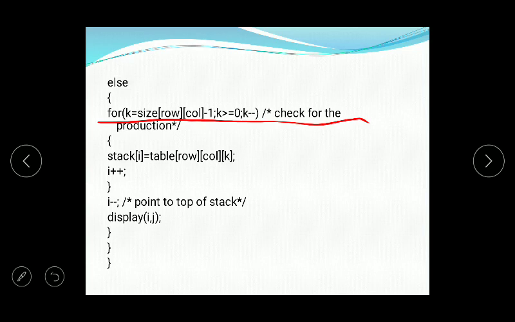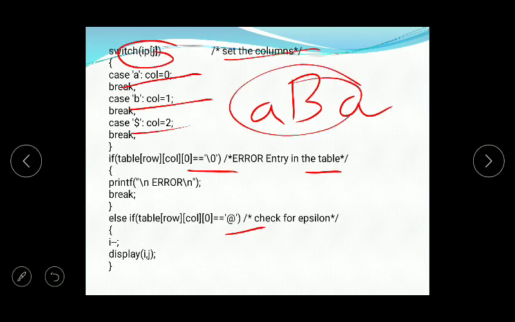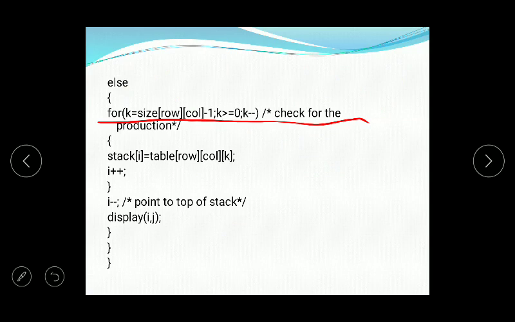What is the value present in size array for that row and column? That is 3, isn't it? ABA, whose size is 3, which is already put in the size array. So that is 3 minus 1, which is equal to 2.